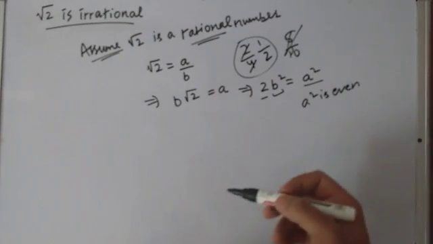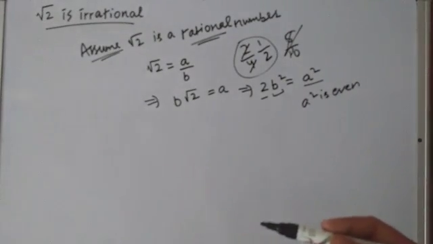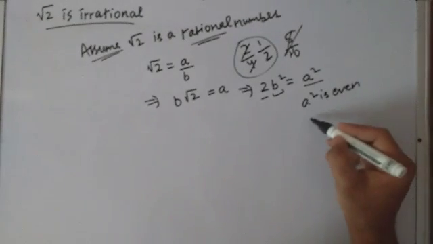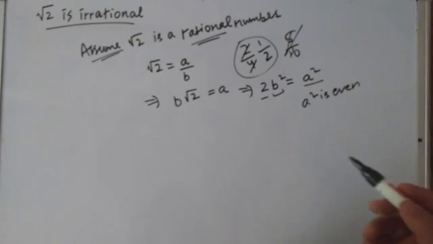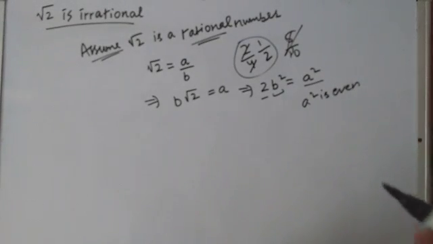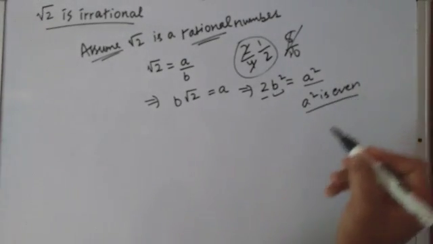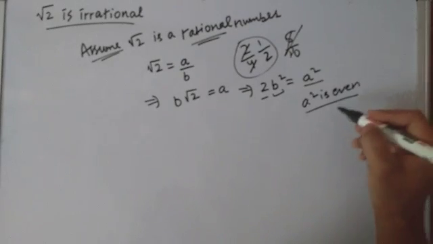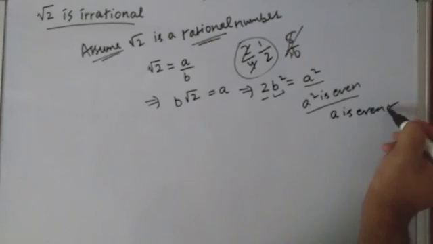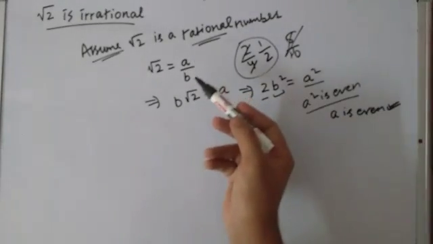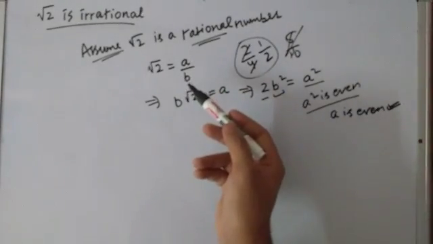So briefly I state you that the theorem is, if we have an even number, then its square is also even, and if we have an odd number, its square is also odd. So if a square is even, that means a is even, so b should be odd at least.